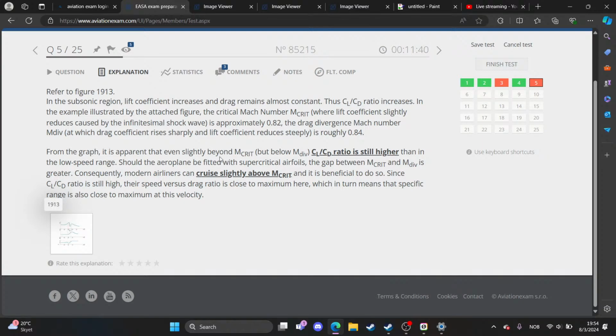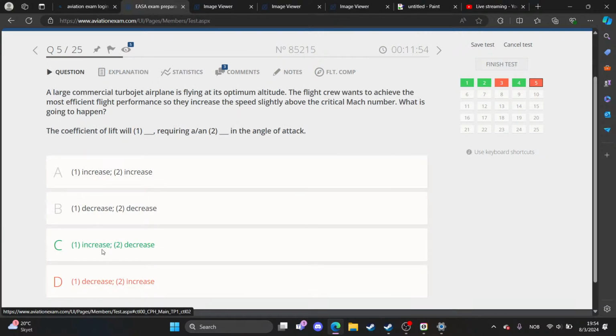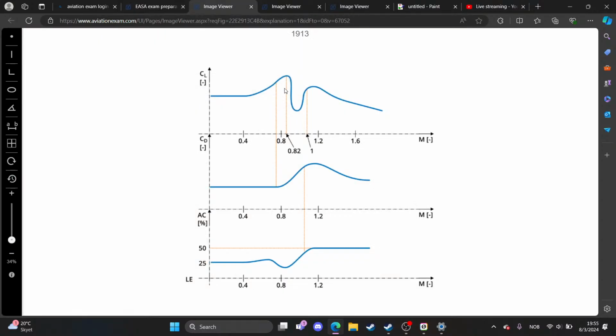It appears that even slightly beyond Mcrit, CL and CD are still higher than in the low speed range. Should the airplane be fitted with a supercritical airfoil? I'm so confused. Why does it increase? That's Mcrit.